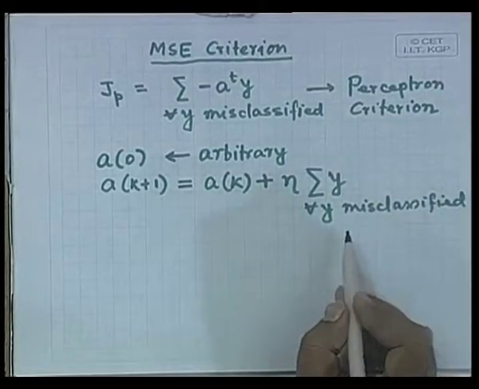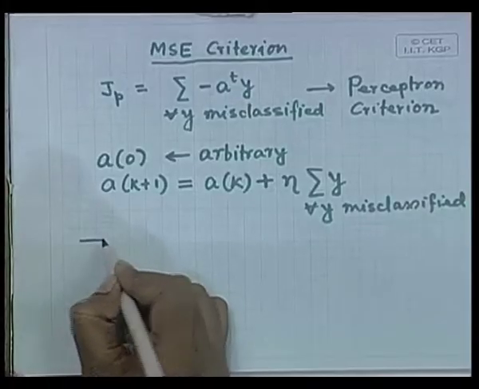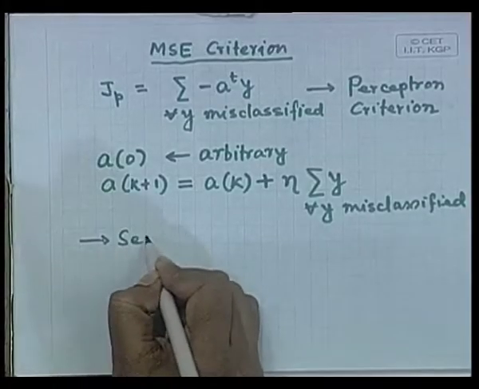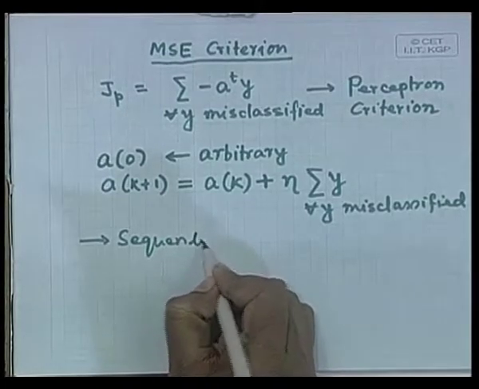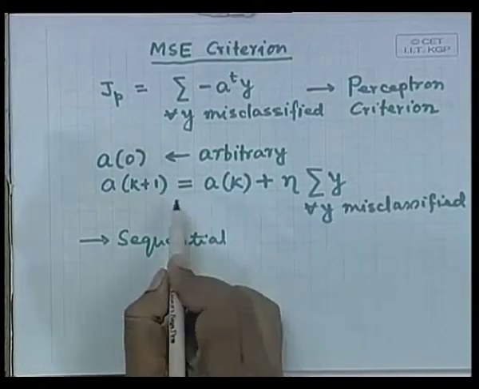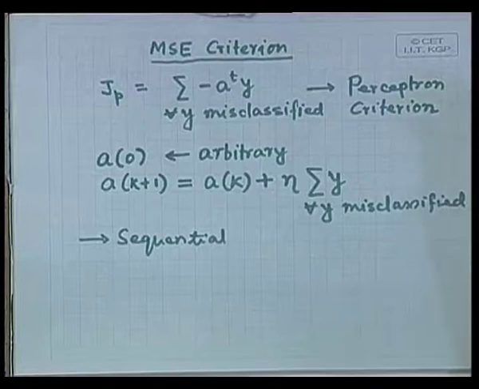There we have seen the problem with this algorithm is that because we have to take the summation of all the misclassified samples, the amount of memory required for execution of this algorithm is quite high. So, we had a sequential version of this algorithm, where the first step, selecting A 0 arbitrarily, remains the same, and you take the samples one by one.